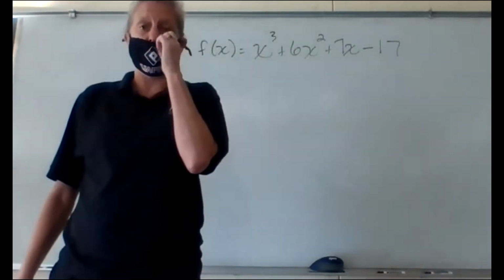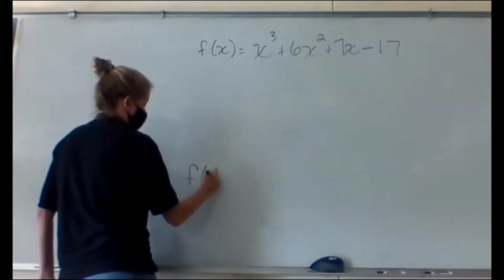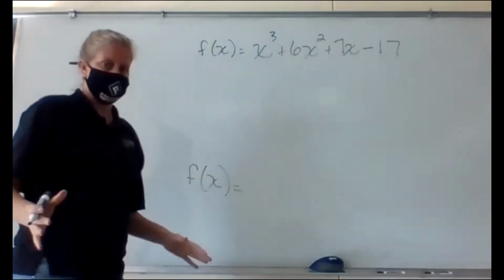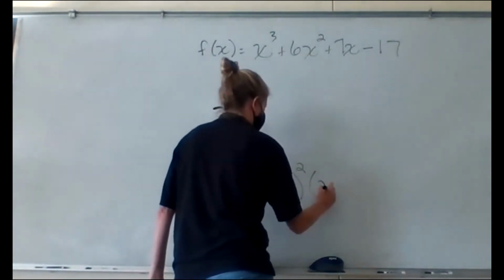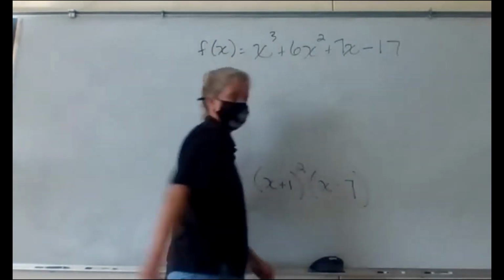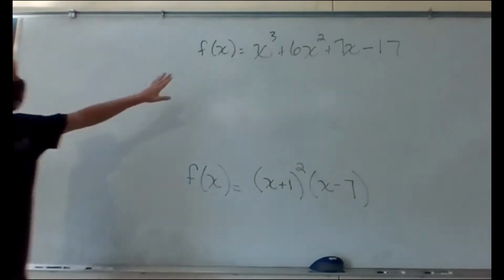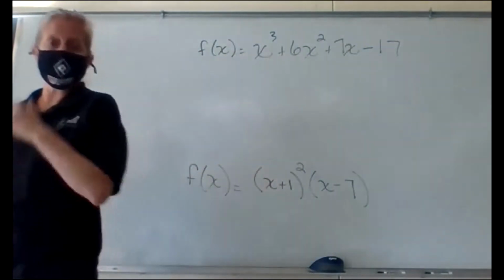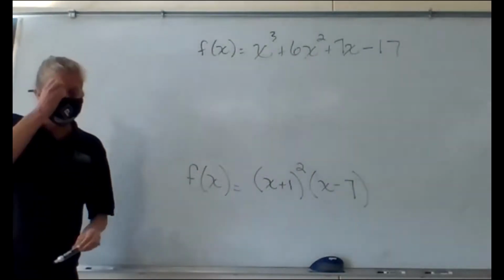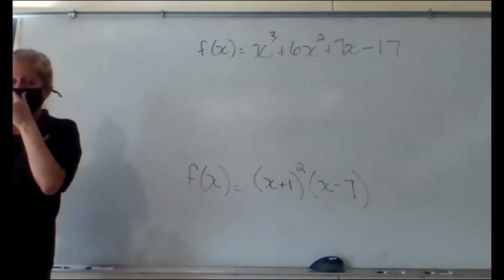So your polynomial sometimes will be written out like that, or sometimes it will be written out in its factored form, like this. If I am written out as unfactored, my group of terms are listed out like that, the easiest other distinguishing factor to find is the Y-intercept of the graph.